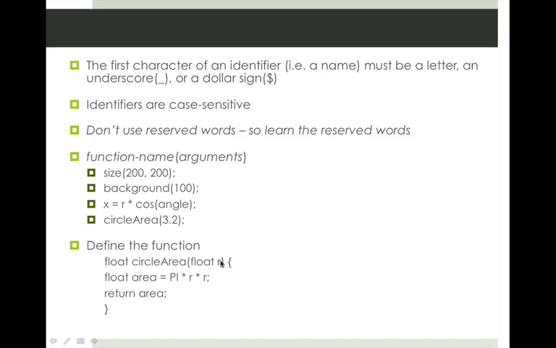So r is a variable, and whenever you call this function circle area, it is going to return a float, and that float is going to be the area of the circle. If I want to find out the area for 3 units, this function is going to be called.